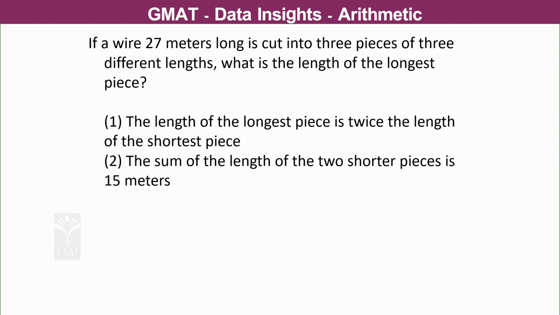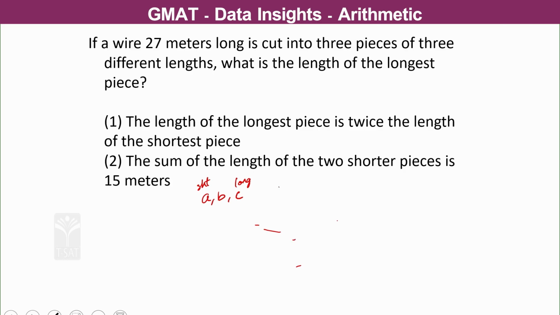Now, let us look at the next question. The question says, if a wire of 27 meters long is cut into 3 pieces of 3 different lengths, what is the length of the longest piece? Let us say the 3 pieces are of lengths A, B and C, and let us say A is the shortest and C is the longest.